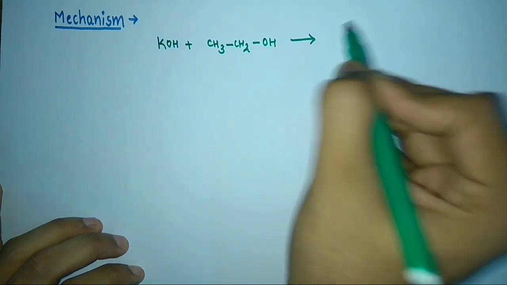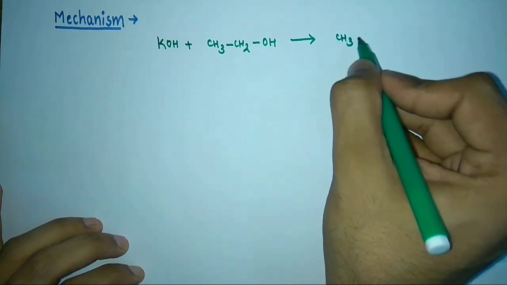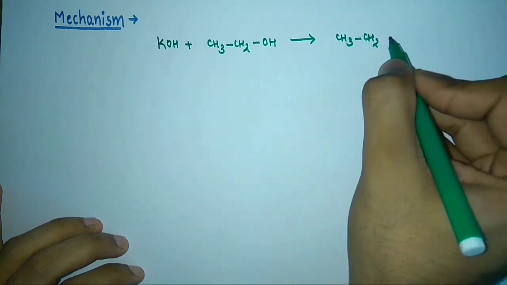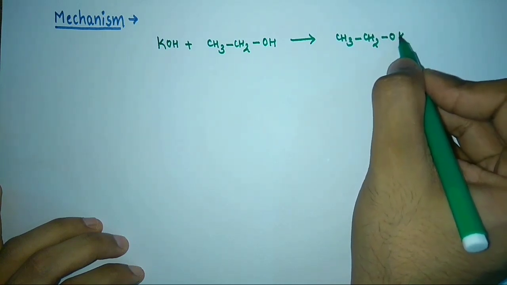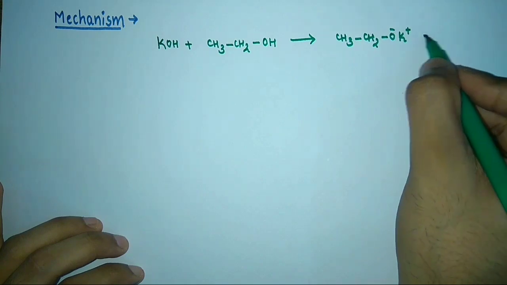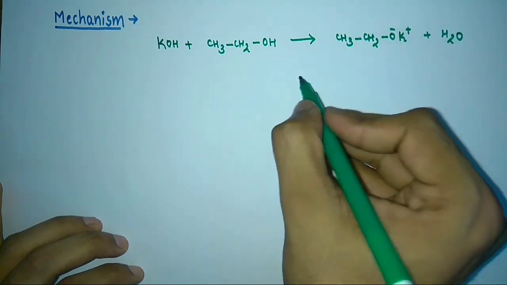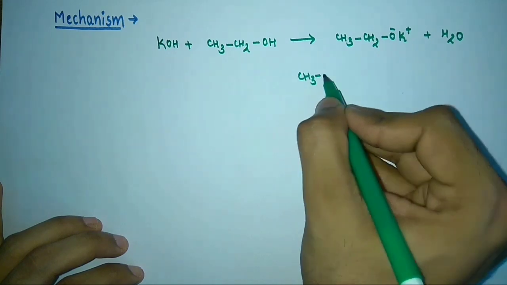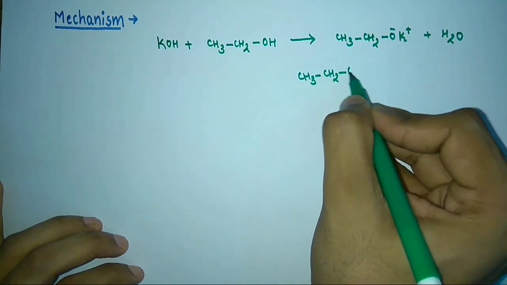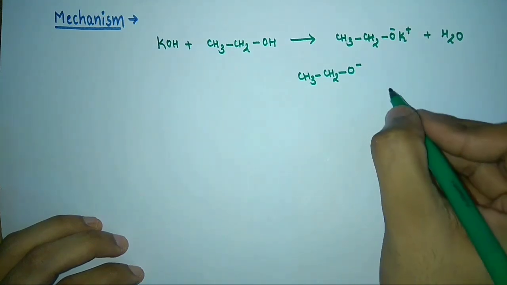Then it will lead to the formation of potassium alkoxide, that is CH3CH2O minus K plus. Okay, so this is potassium alkoxide and water will be released. So what will happen? This alkoxide ion, CH3CH2O minus, is more basic than our OH minus ion.